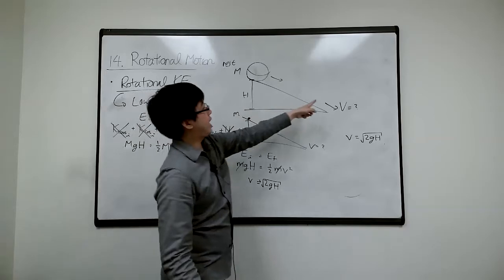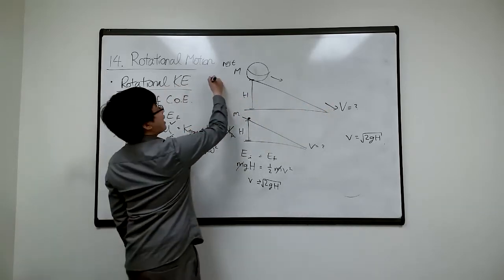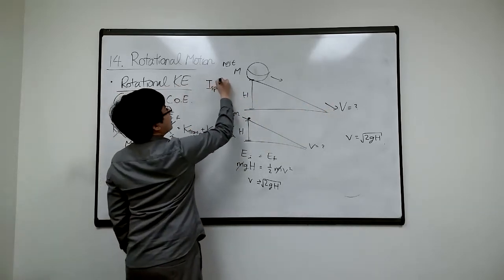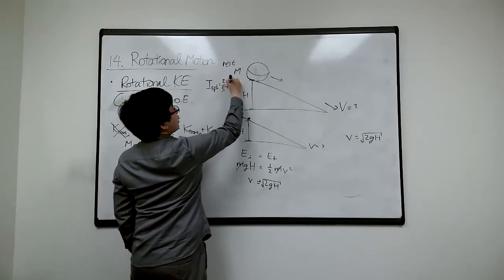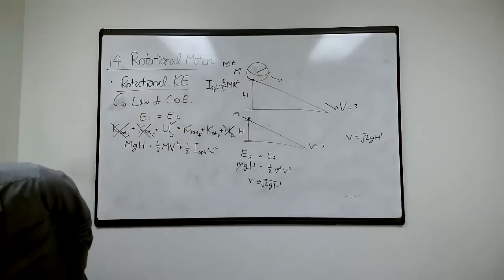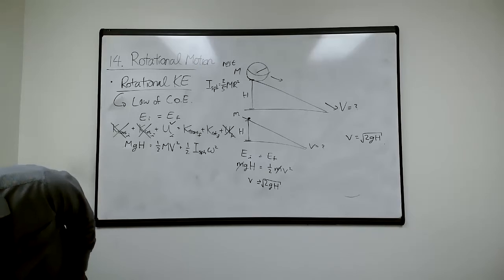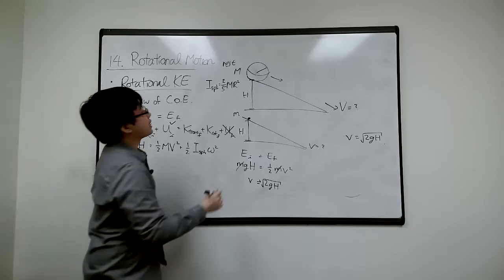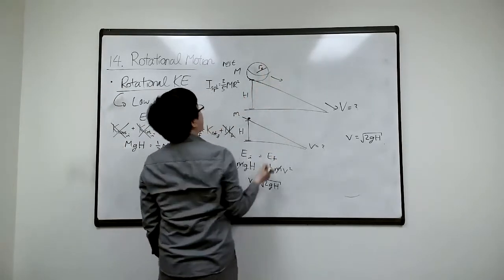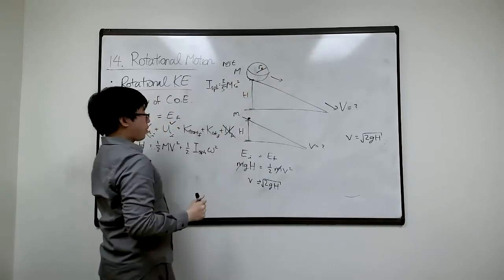I'm just given M, H, and V. I'll look up the sphere: I is 2/5 M r squared, where r is the radius. Maybe the radius cancels out, we'll see. Let's call that r0, so in my case this is r0 squared.